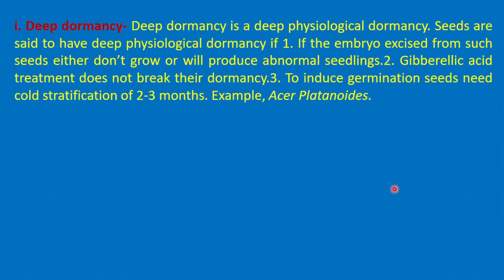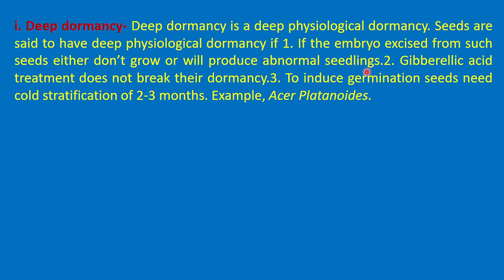Now see, as the word deep indicates here, deep dormancy is a deep physiological dormancy. Seeds are said to have deep physiological dormancy if the embryos excised from such seeds either don't grow or will produce abnormal seedlings.